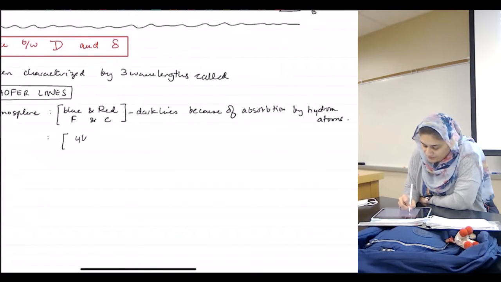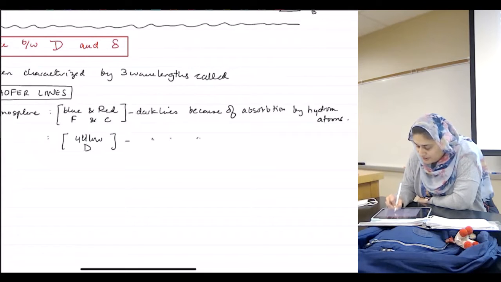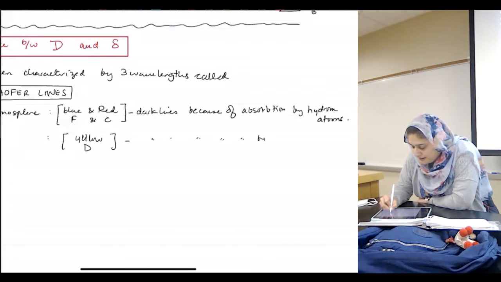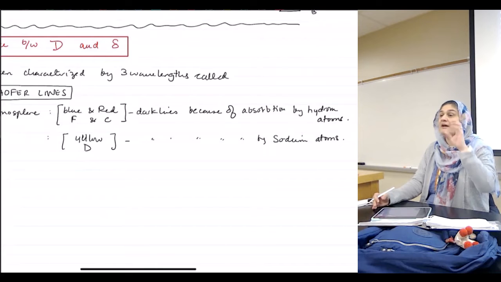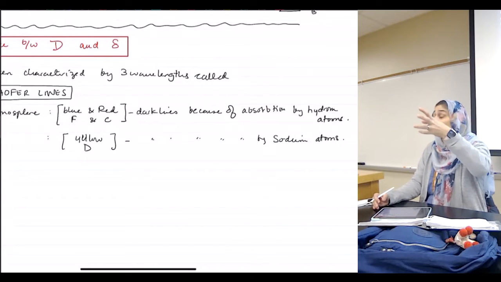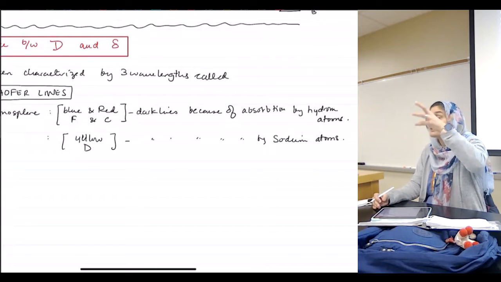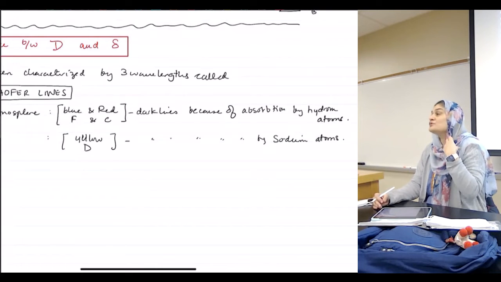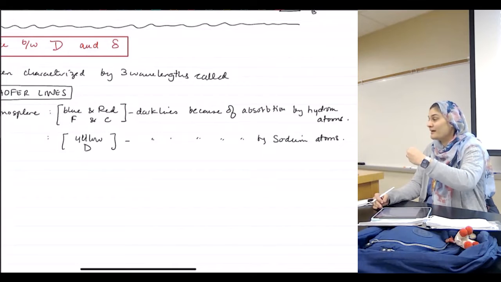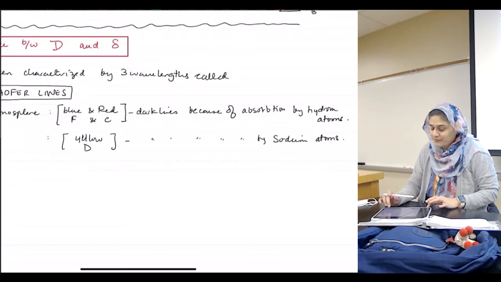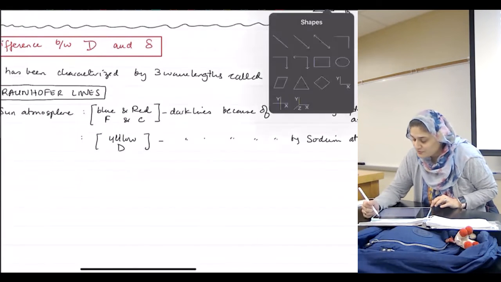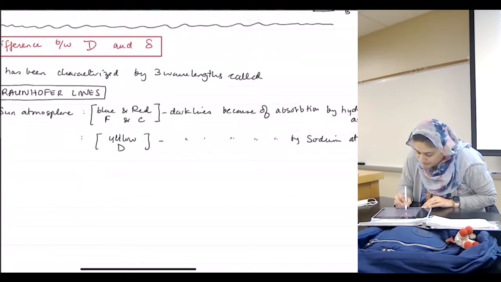Similarly, yellow gave us dark lines because of absorption by sodium atoms. That's how you study how many elements there are in a planet or in a star or on the moon, right? So you look at the light that's coming from them and you see which spectrum the light gets absorbed by, and that's the element that that planet or that star has. So drawing them one more time for ourselves before we do anything else.